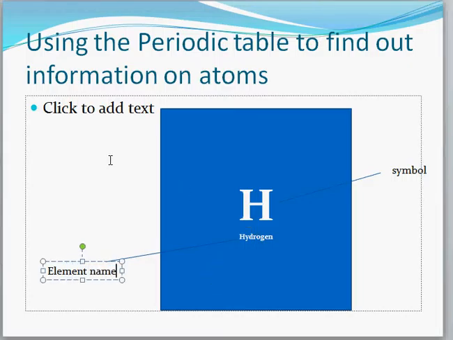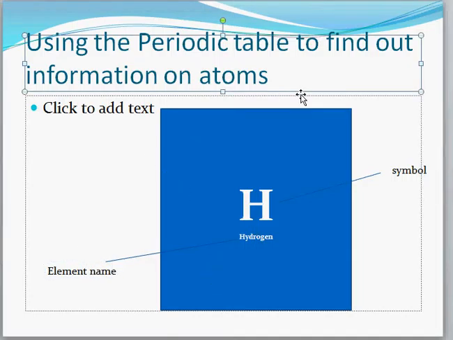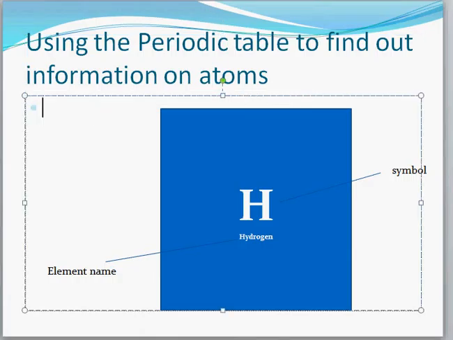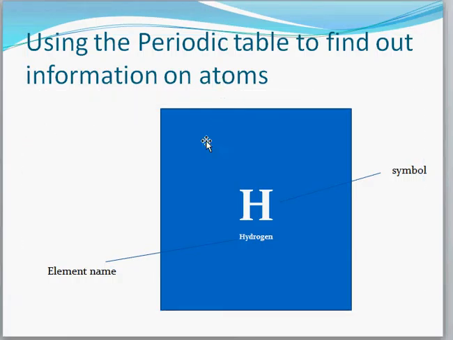These numbers, there's two of them. These numbers are important. They're going to help us for a lot of things. The first one is often found on the top, although on your periodic table it's actually found at the bottom. So we'll do it on the bottom for you for the same thing.